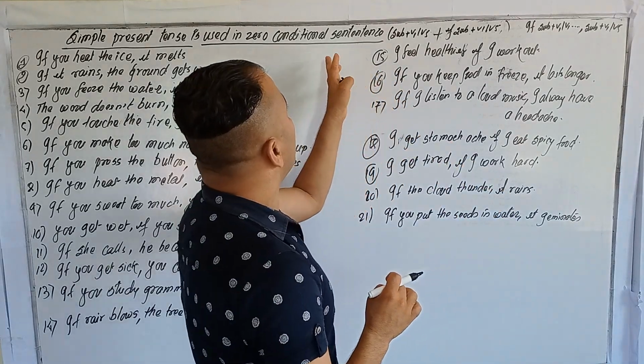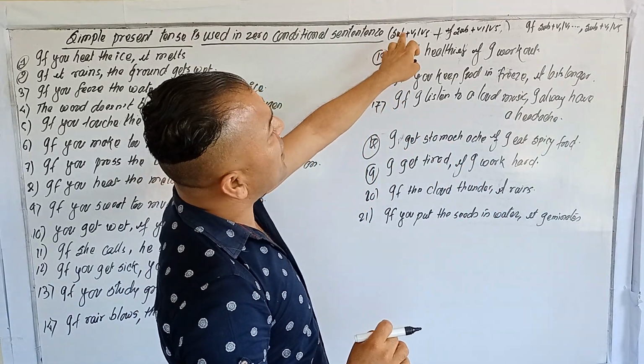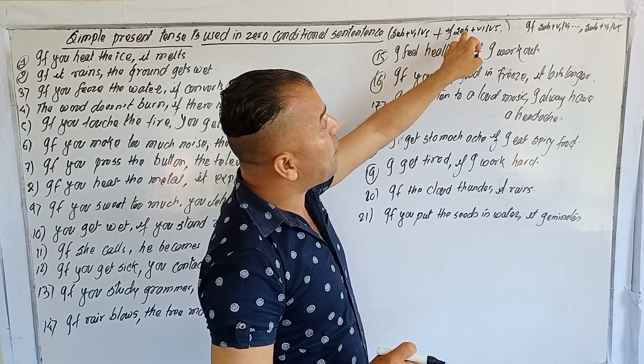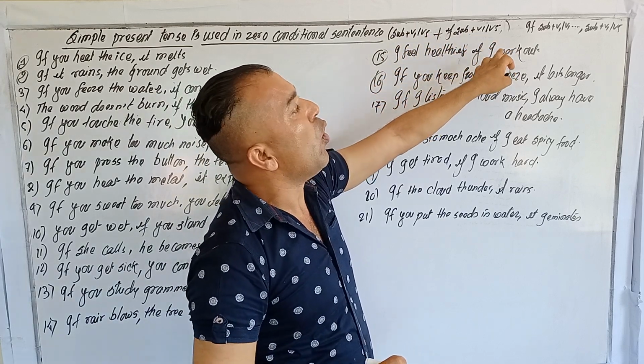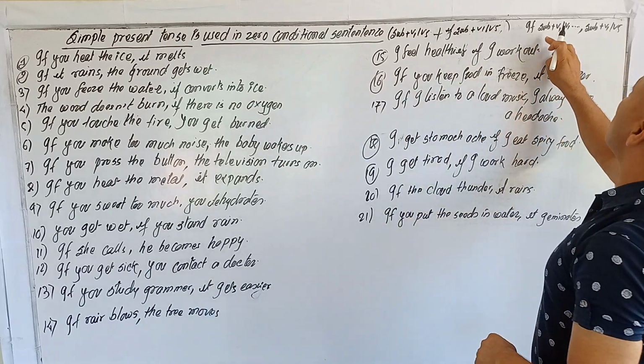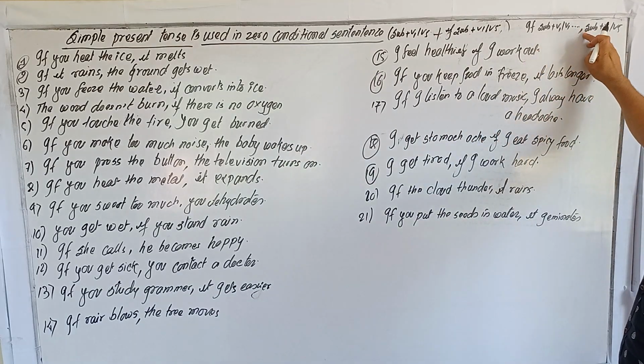You have to memorize the structure of the zero conditional: subject plus V1/V5 plus if plus subject plus V1/V5, or if plus subject plus V1/V5 plus object, comma.